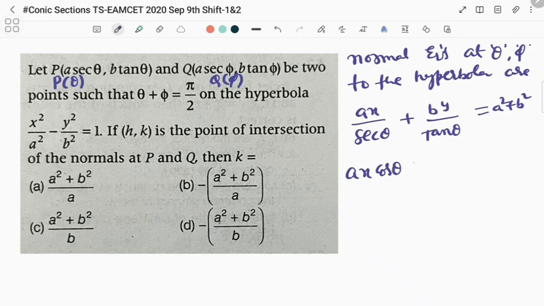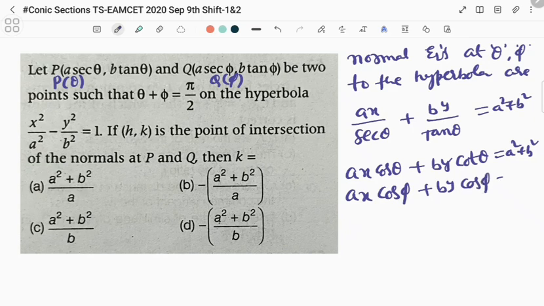Ax cos theta plus by cot theta is equal to a square plus b square, and in place of theta phi also, ax cos phi plus by cot phi is equal to a square plus b square, and such that one important case is given. Theta plus phi is equal to pi by 2, and from here phi equal to pi by 2 minus theta.